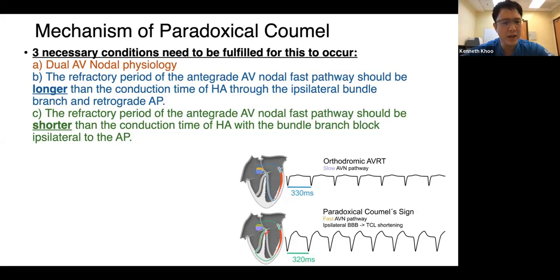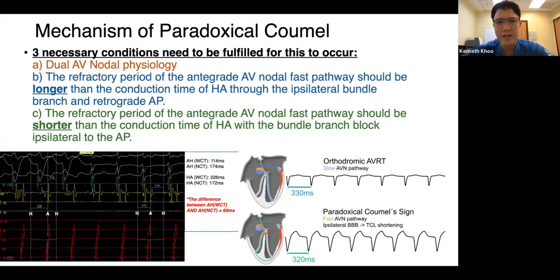So in our case, our patient has a left lateral accessory pathway. Orthodromic AVRT is triggered during atrial incremental pacing, and the orthodromic AVRT starts off with a functional left bundle branch block. Now, as you know, and as we have mentioned in the past few slides, the functional left bundle branch block causes a longer HA time.